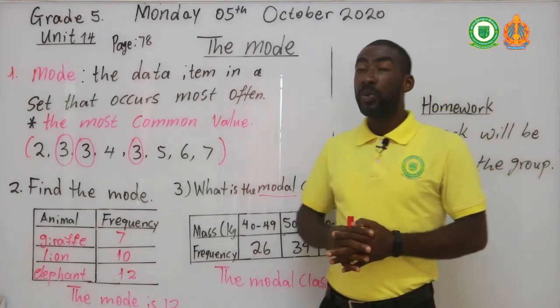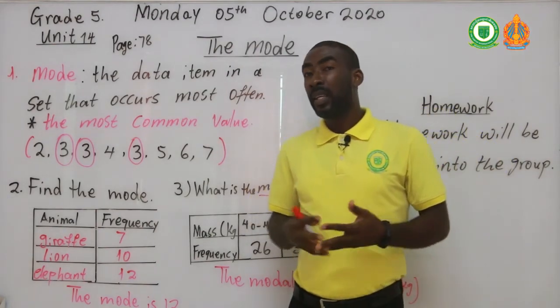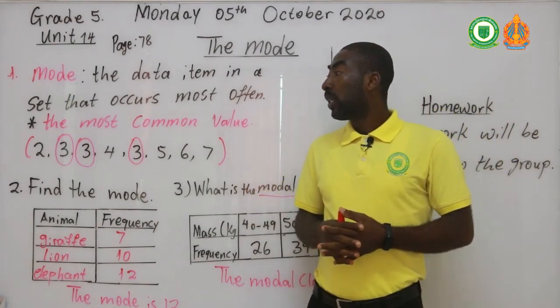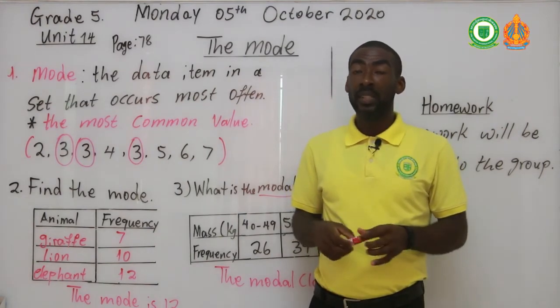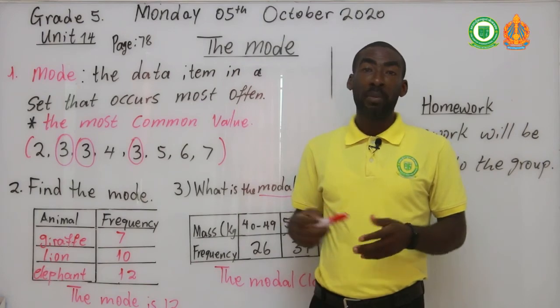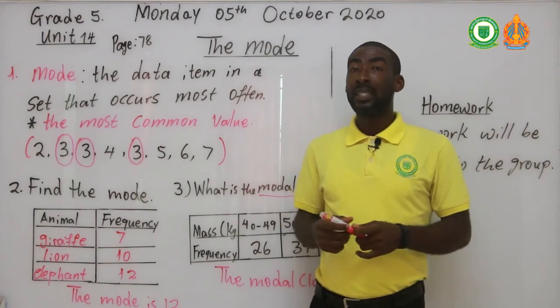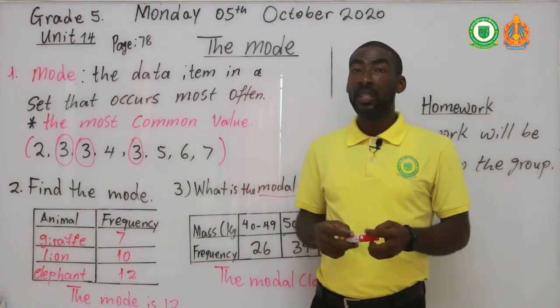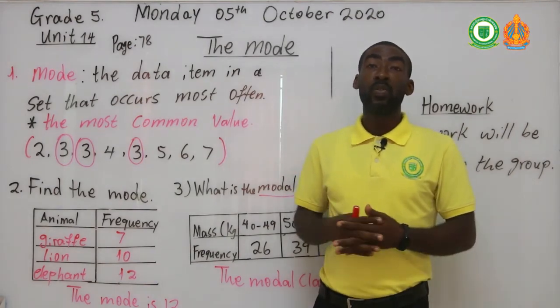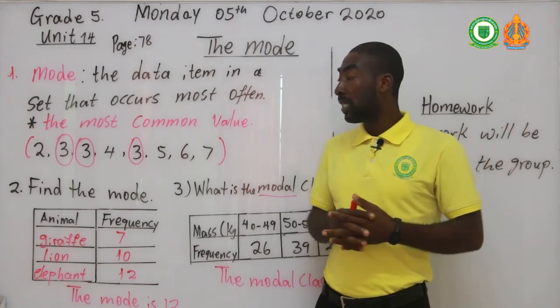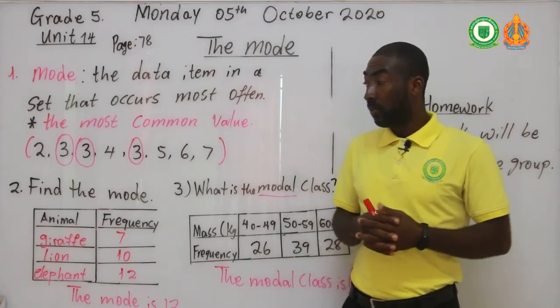We have also understood that we can have more than one mode in a situation where you have two numbers that are appearing at the same frequency. Those two numbers become your mode. It could be even more than two, depending on the sets of numbers that you are dealing with.